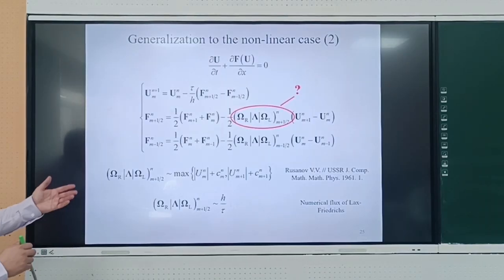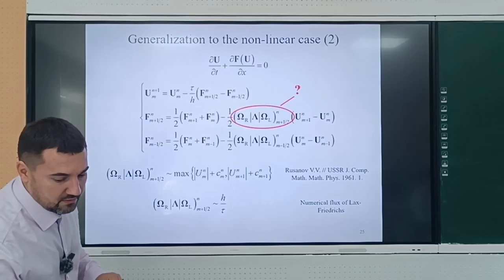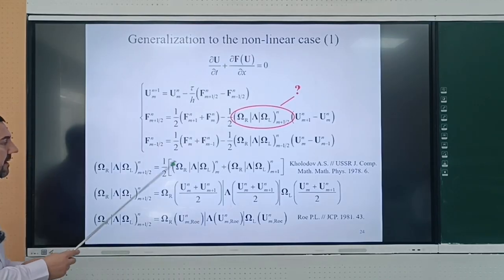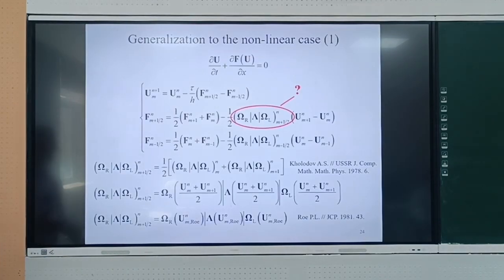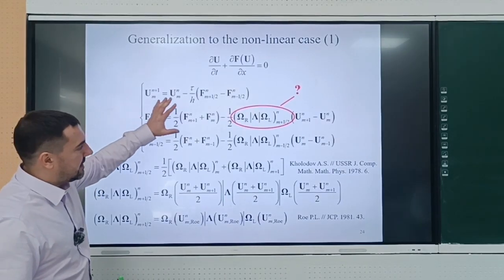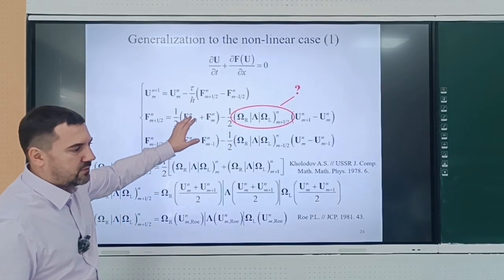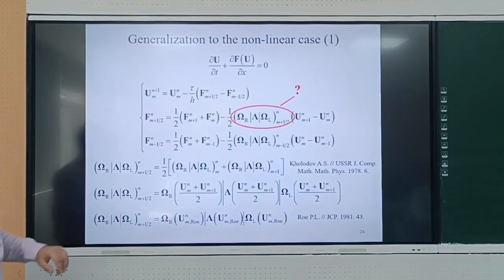And that's it. Actually, I provided you with 1, 2, 3, 4, 5 different formulas for numerical flux calculation, but they all exist in the grid characteristics ideology of how to compute the numerical flux for the Euler equations.